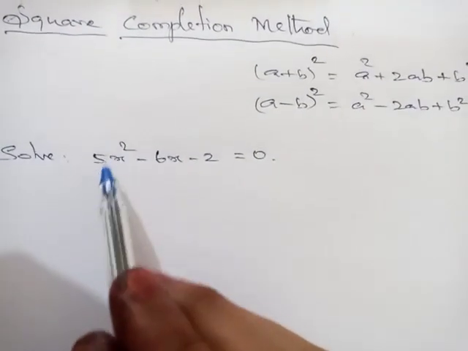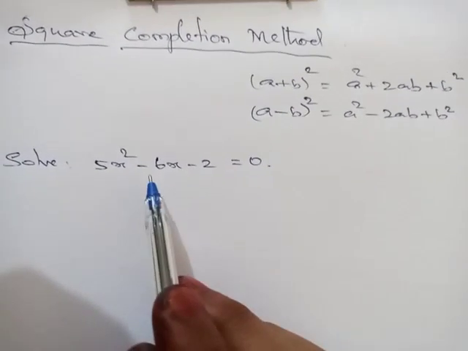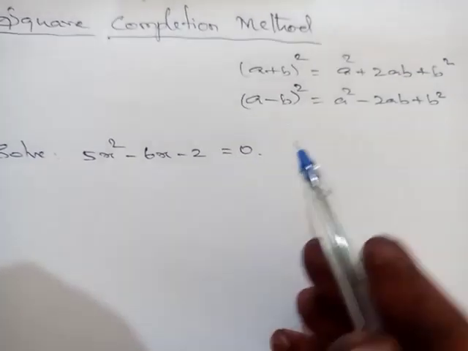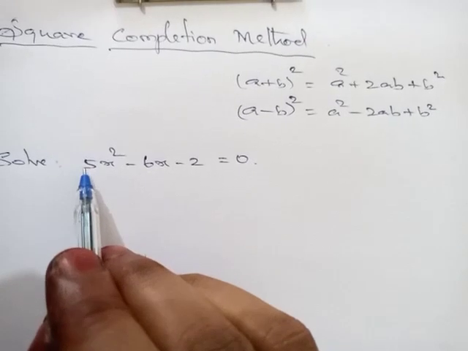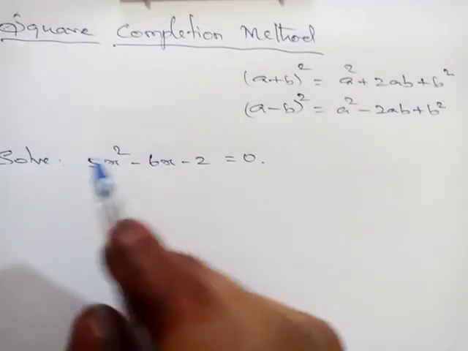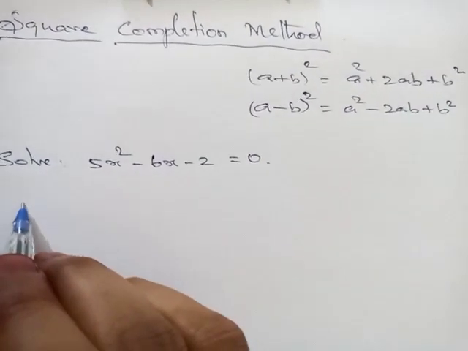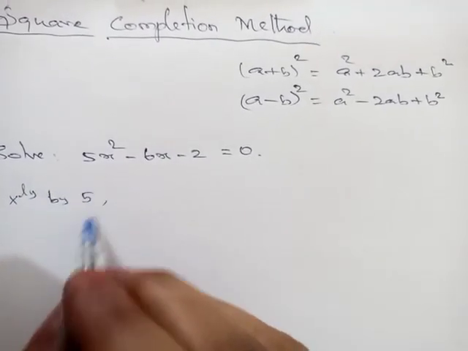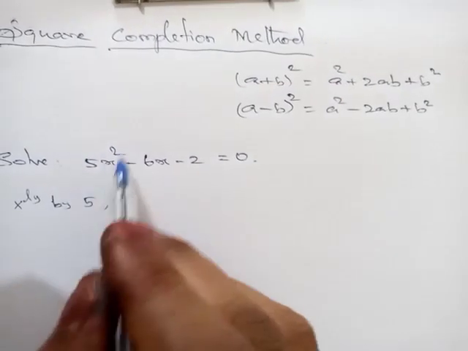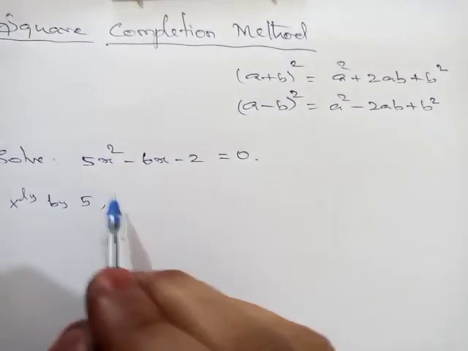Okay. Now see here, 5x square minus 6x minus 2 is equal to 0. Here x square is there, but for this 5 there is no square, right? So what I am doing, first I multiply by 5. Here it should be whole square format. Simply x square, we can leave it as it is.